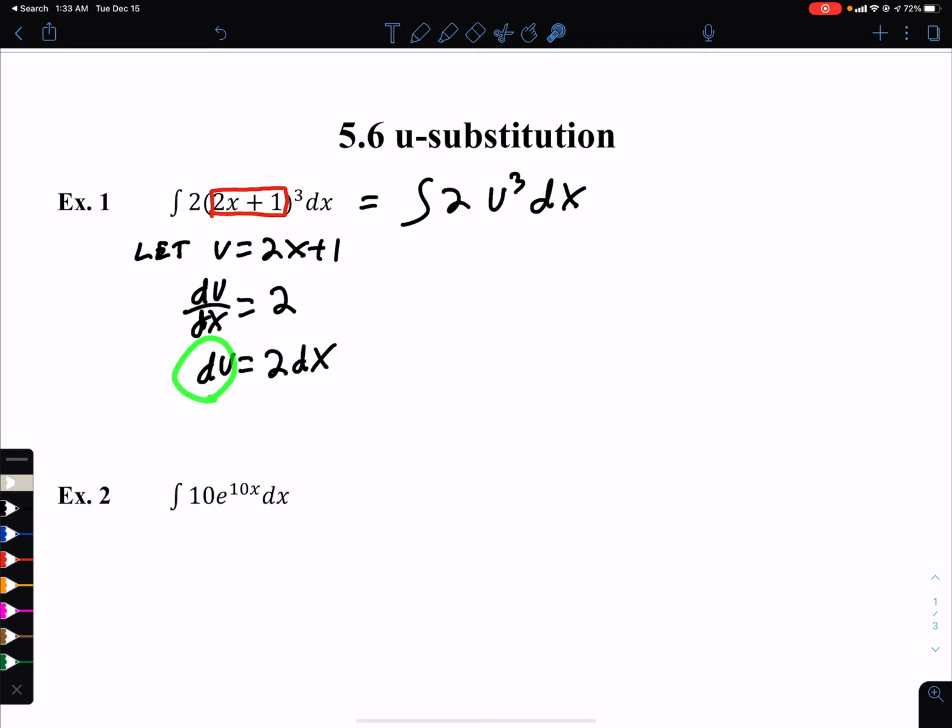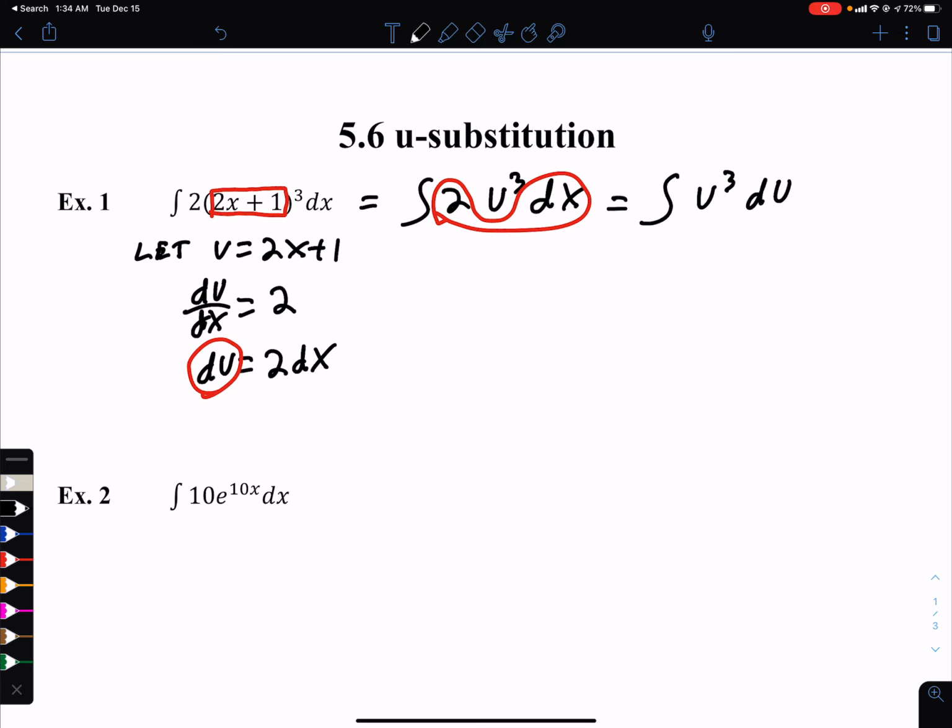I want a du. I don't want a dx because I changed my variable to a u. But I need a 2 dx to get that. But lo and behold, check this out. You have a 2 dx. So all that's going to change into du. And so now the equivalent is u cubed du.